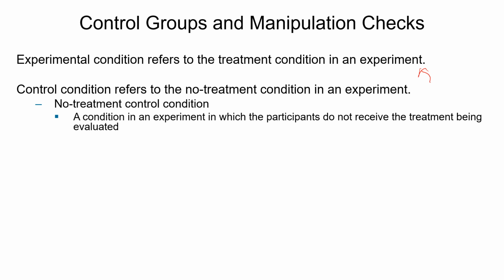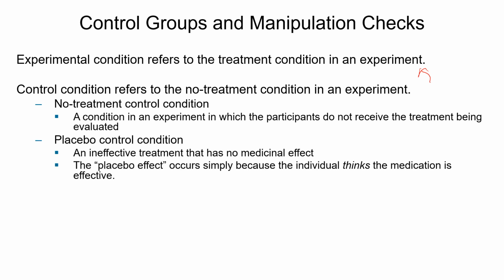Quite often, though, instead of a no treatment condition, what we'll get is a placebo condition. So they'll be given an ineffective treatment that has no medical effect. And we've talked about this before, but the placebo effect is basically what will occur when people think the medication is effective. So let's say we give drug A that's a pain reliever and drug B that's a sugar pill, but we tell them it's a pain reliever.